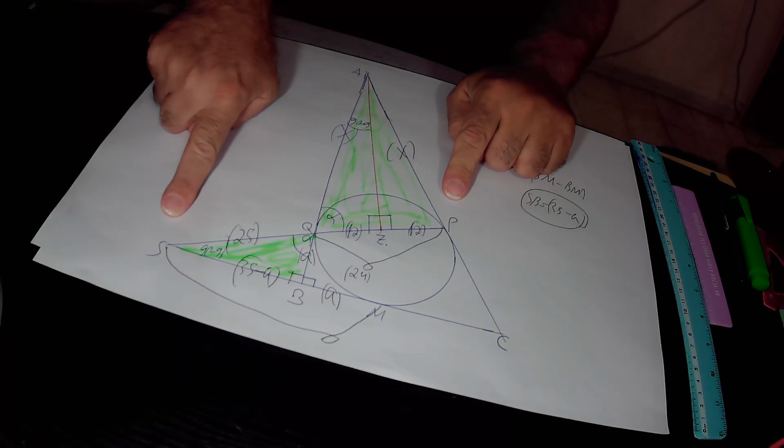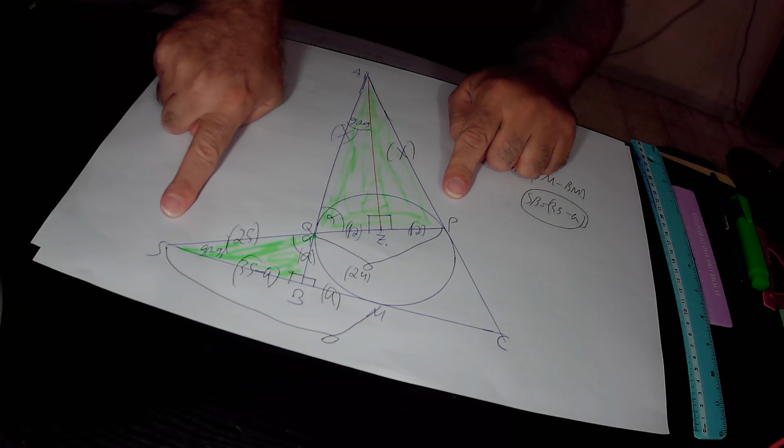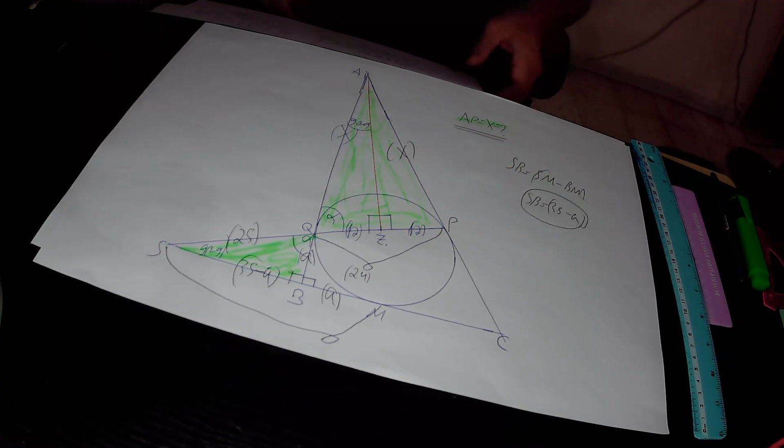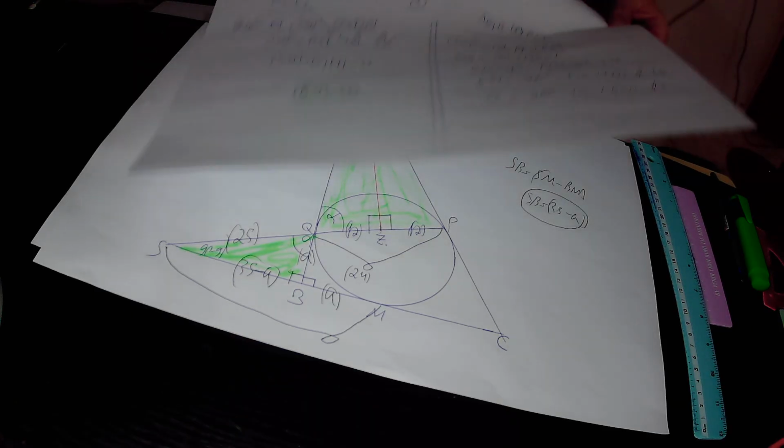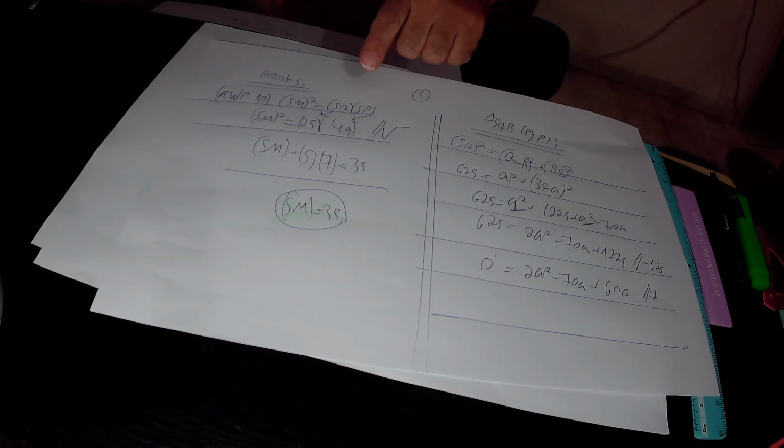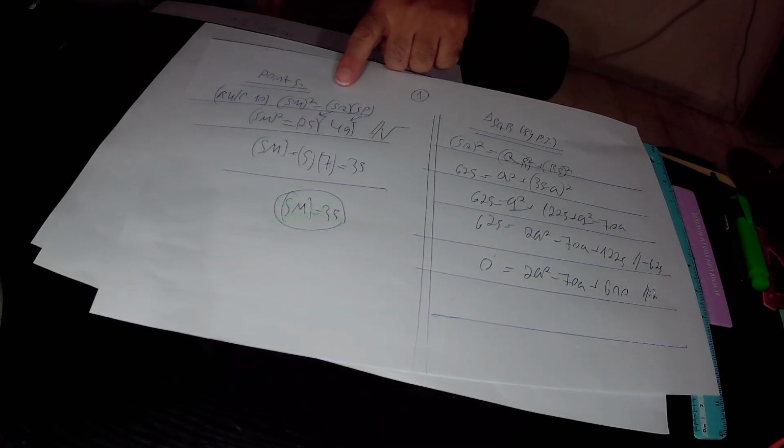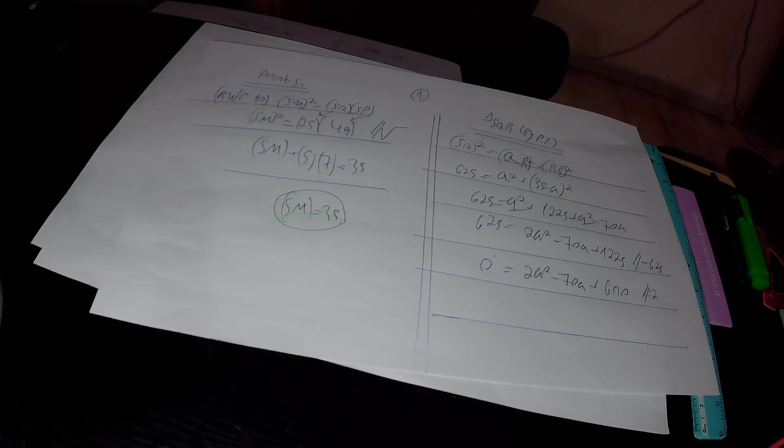SP in total equals SQ, that is 25, plus QP, that is 24. So SP equals 49. Therefore, SM squared equals SQ times SP, with SQ equal to 25 and SP equal to 49. So SM squared equals 25 times 49.